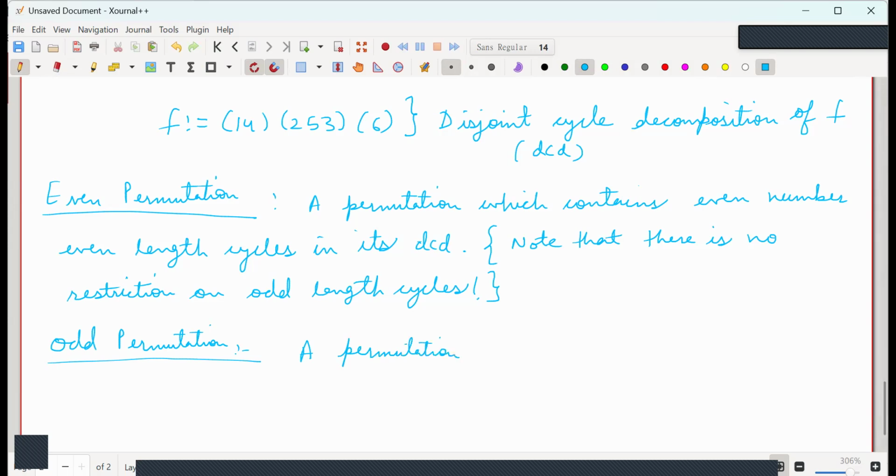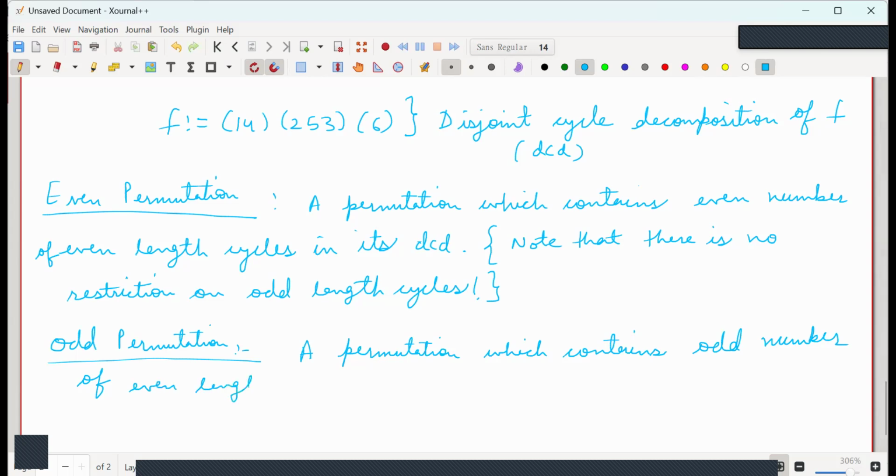A permutation which contains an odd number of even length cycles in its DCD.